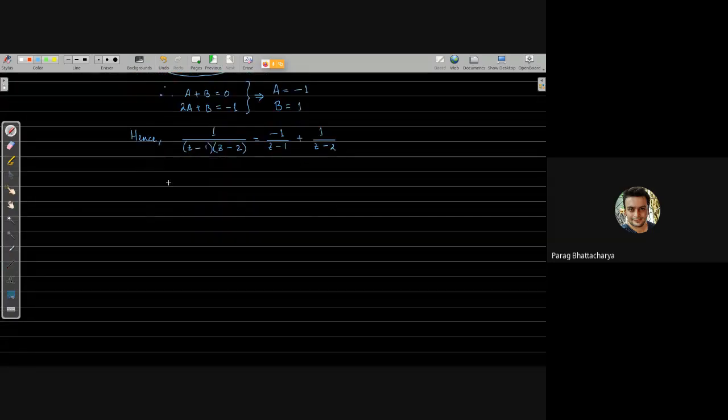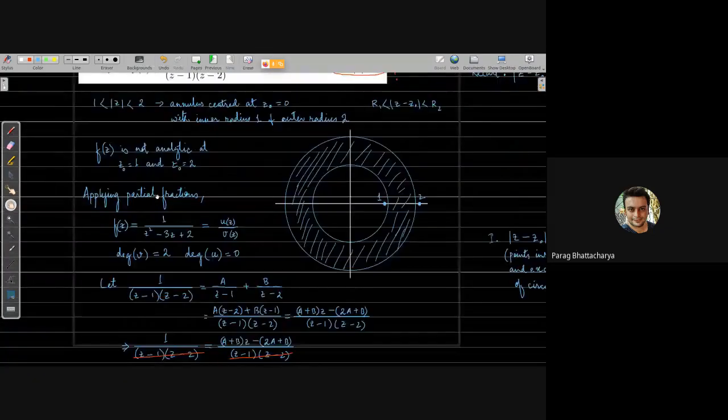This original function f of z can be written as 1 by z minus 2 minus 1 by z minus 1. Is that clear? Yes, sir. I'm writing it in detail like this, but you can do it in maybe 1 or 2 steps itself. Okay. So let's call this equation number 1.